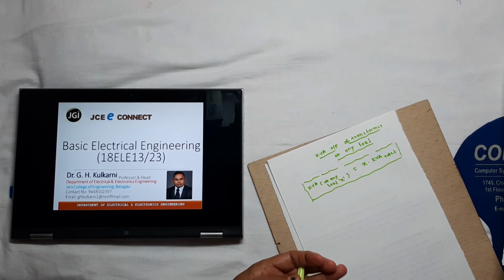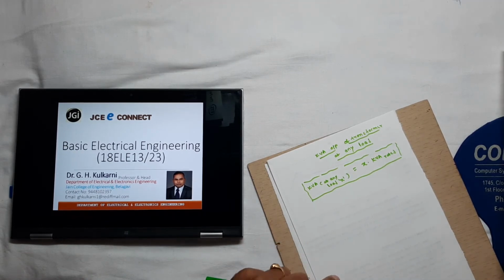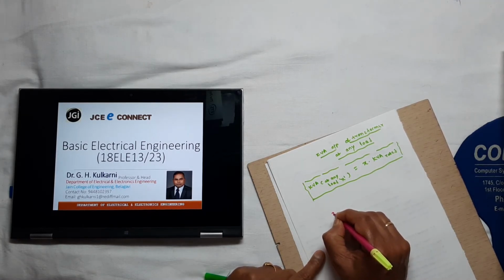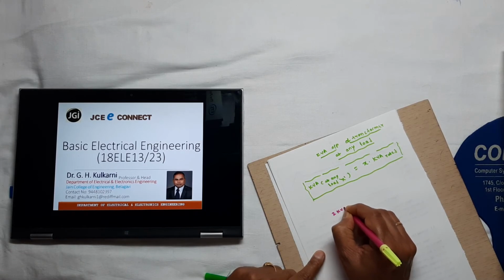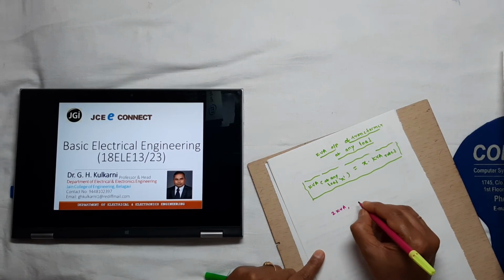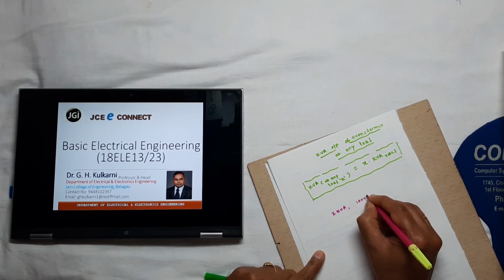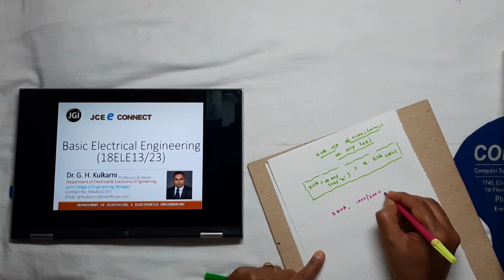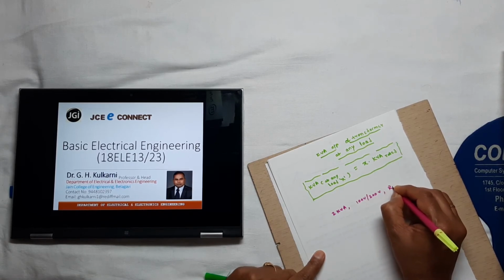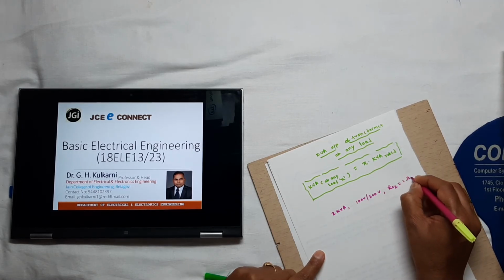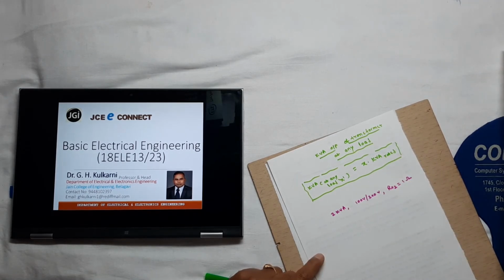Then in a similar way, we will express what about the copper loss. Once again, I am considering a small numerical example here. I am using the same rating, 2 kVA, 100 volts by 200 volts, and the total resistance referred to the secondary side, RO2, I will call as 1 ohm.